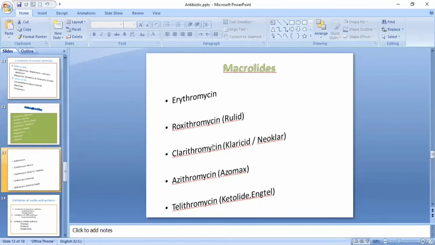This was twice a day, but azithromycin is given as a single dose once a day for a maximum of 5 or 7 days for tonsillitis, and is also used for resistant enteric fever, typhoid fever. So azithromycin is given in enteric fever which is multi-drug resistant, and the fourth one is telithromycin. So these are the macrolides.